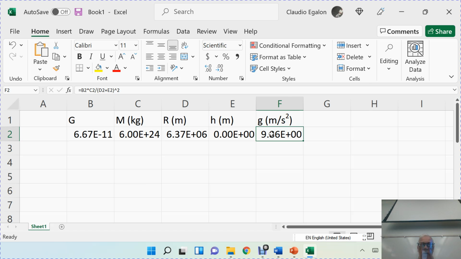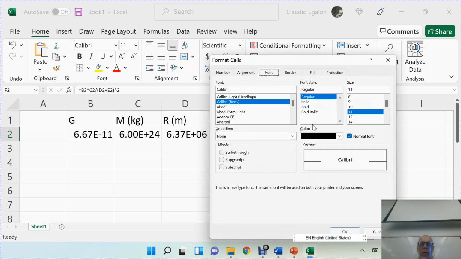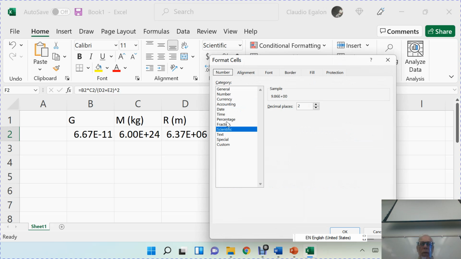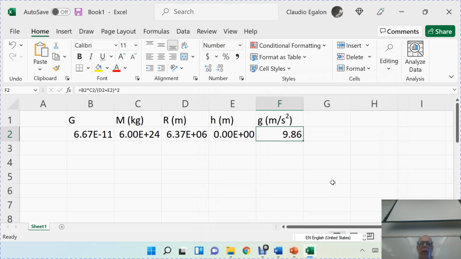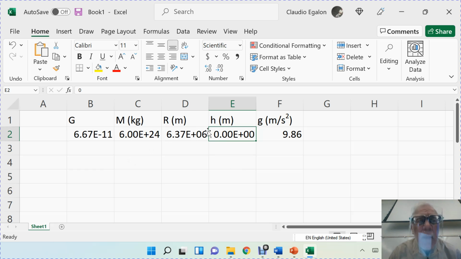I'm going to change the format. I'm going to put this as a number. I will leave this one like that. Everything else is better to leave in exponential notation, scientific notation.